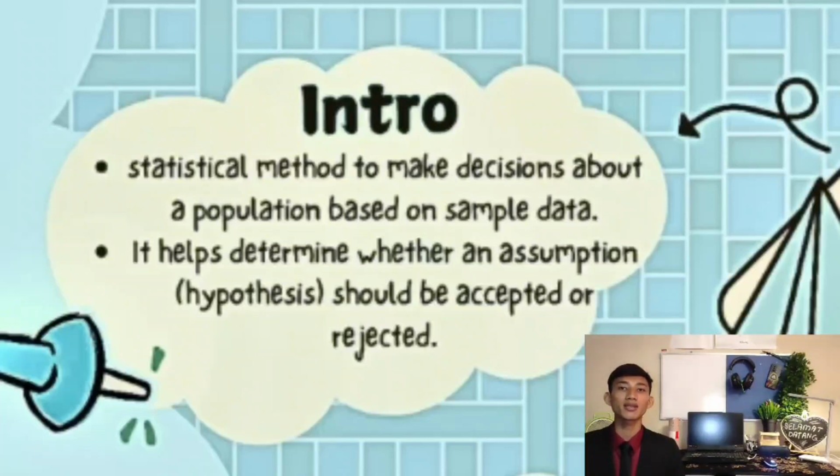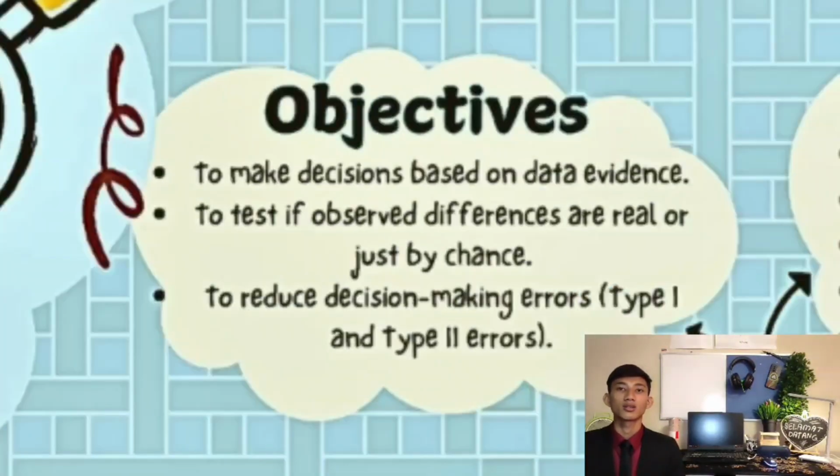It helps determine whether an assumption or hypothesis should be accepted or rejected. The objective is to make decisions based on data evidence, to tell if observed differences are real or just by chance, and to reduce decision-making errors, type 1 and type 2 error.